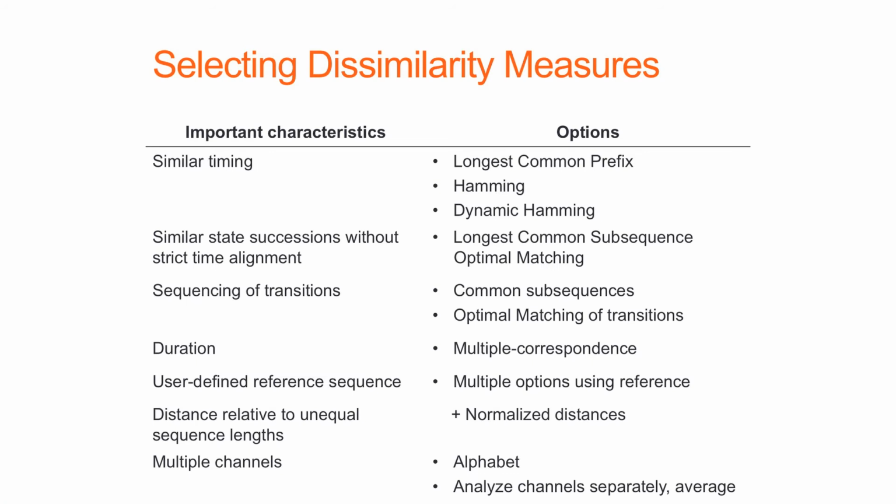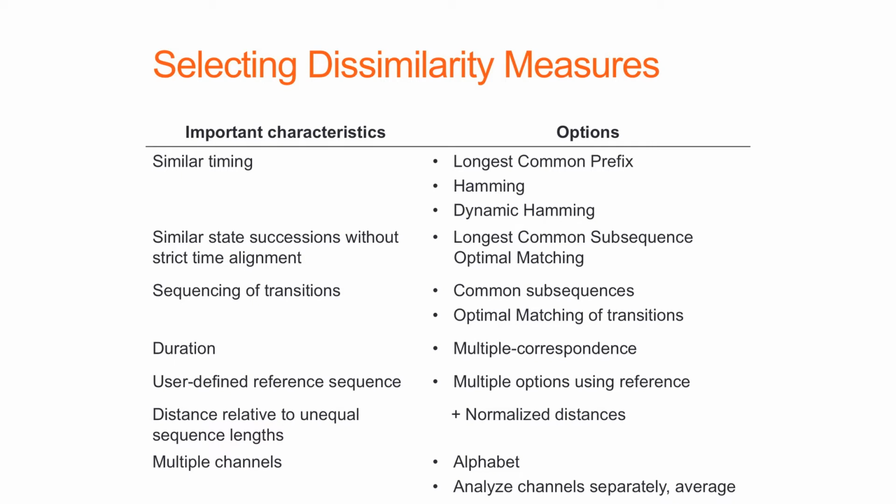So when selecting dissimilarity measures, you consider what's important for your study. If similar timing is important, there are three options for calculating dissimilarities. Terminer can calculate a longest common prefix or use Hamming or dynamic Hamming methods.